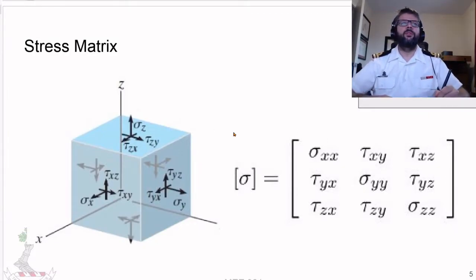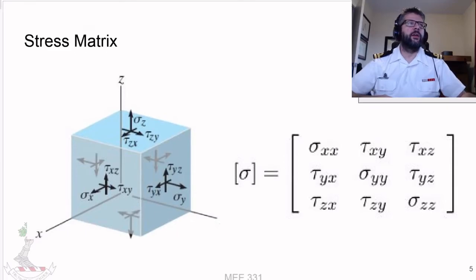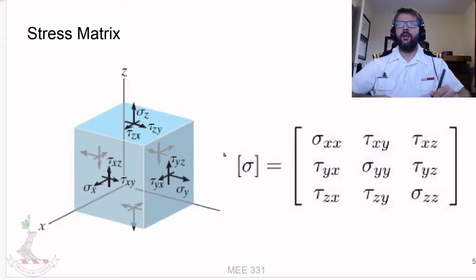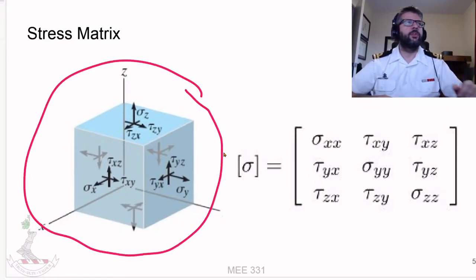We know that if we want to define a tiny little infinitesimal cube here, in order for that to be in equilibrium, we really only need to know what's happening on three faces. Because basically we know that the forces need to balance.